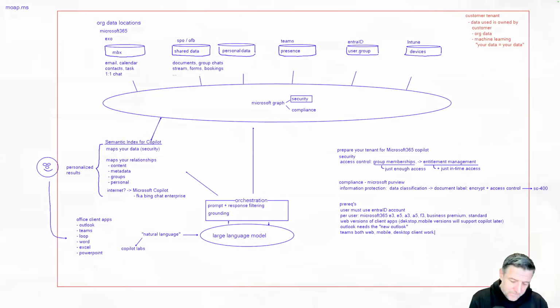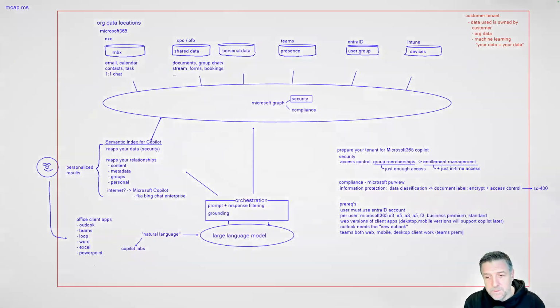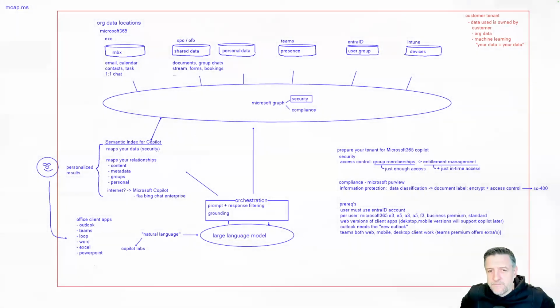However, if you have, and maybe some of you have, Teams Premium, it offers extra options for Copilot. Teams Premium has special ways of presenting data summarization from meetings and so on.